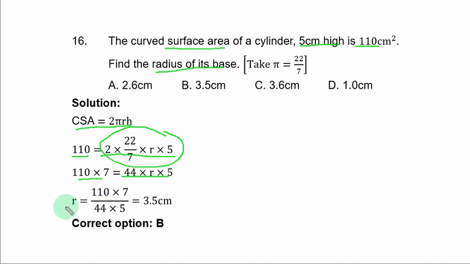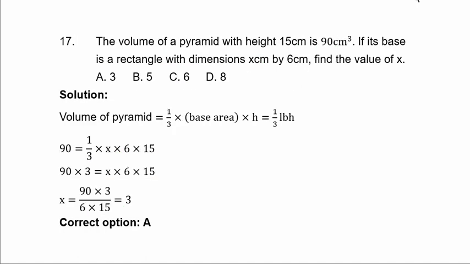So you have r equal to 110 times 11 times 7 divided by 44 times 5. If you multiply and divide, you have 3.5 centimeters as the radius. So B is the correct option.